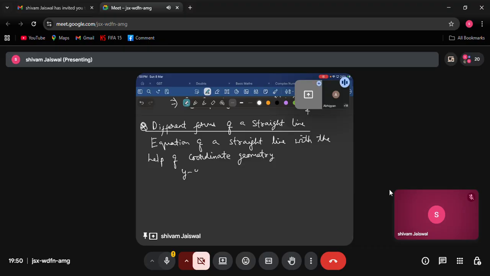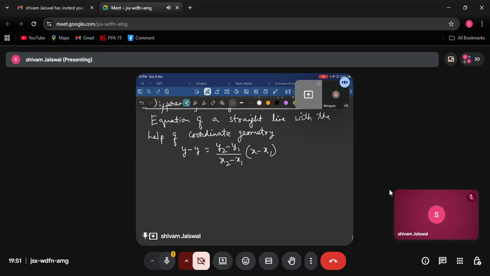y minus y1 is equal to (y2 minus y1) upon (x2 minus x1) into (x minus x1), right? This is the equation of a straight line in two-point form. Okay, so can I write it as (y minus y1) upon (y2 minus y1) is equal to (x minus x1) upon (x2 minus x1)?